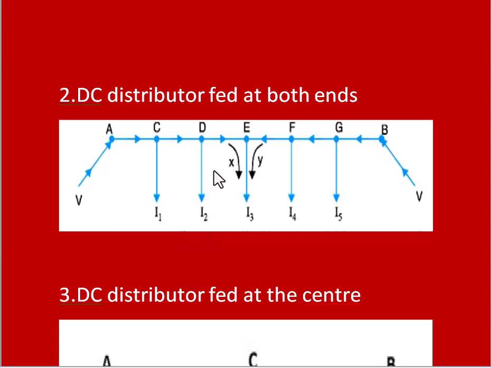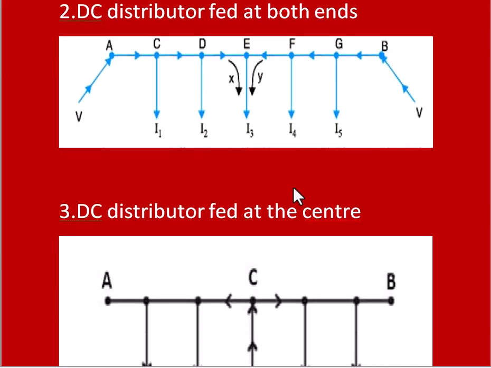At point D, the load connected is I2. At point E, the load connected is I3. At point F, the load connected is I6, and the load connected at point G is I7. These loads are nothing but main lines connected to the main services connected to the DC distributor AB. And here it is assumed both ends are fed with the same voltage V.